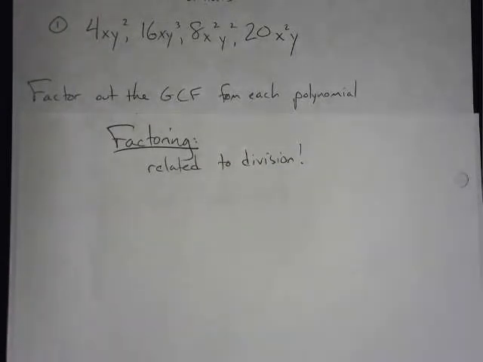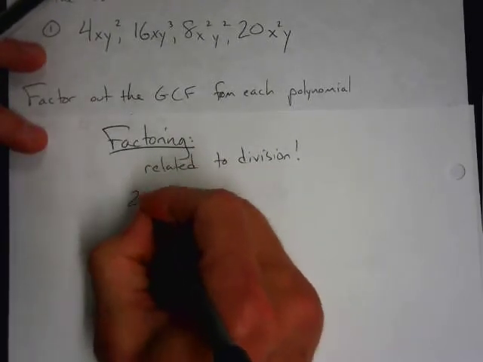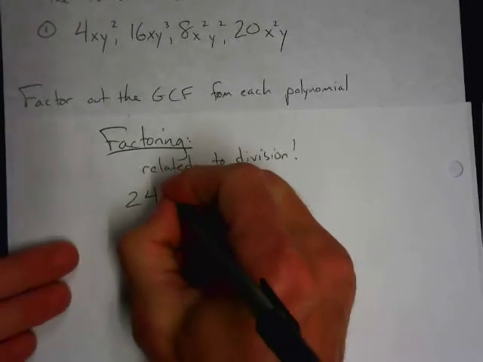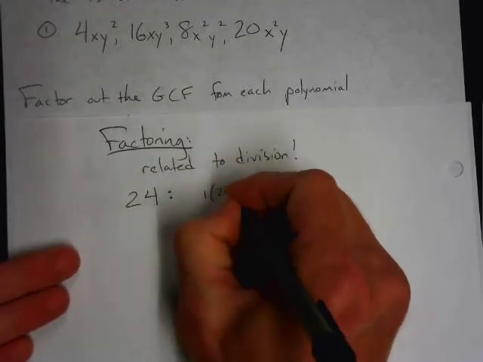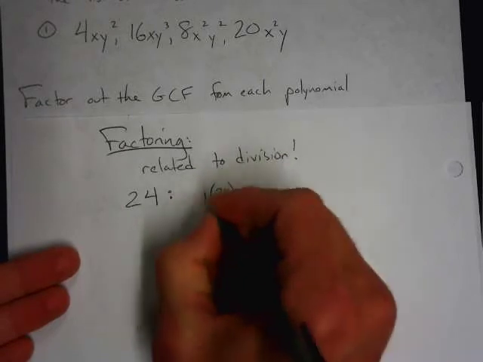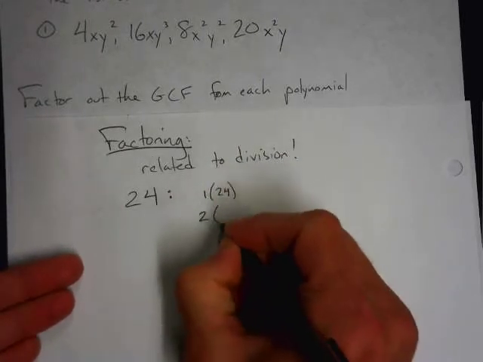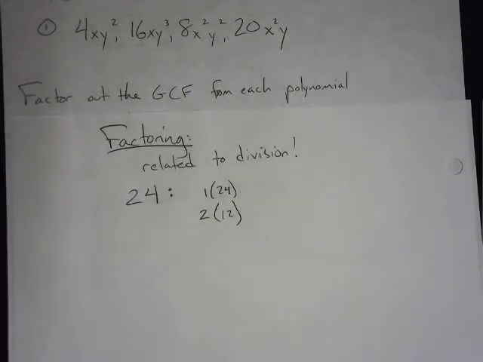So for example, let's take that 24. I can show 24 as a multiplication of factors in a couple different ways. I can show 24 as 1 times 24. I can show it as 2 times 12. Where do I get the 12 from?